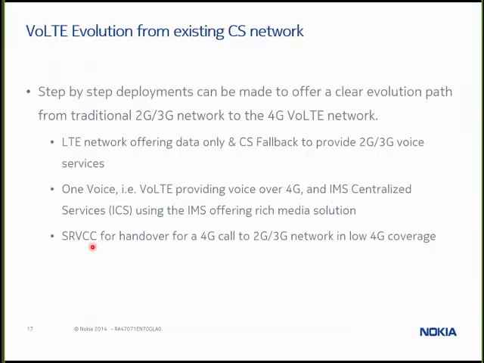So this evolution is going to continue, but ultimately we are going to come to the place where it all goes over the data network. Every service we have flows over this data network.